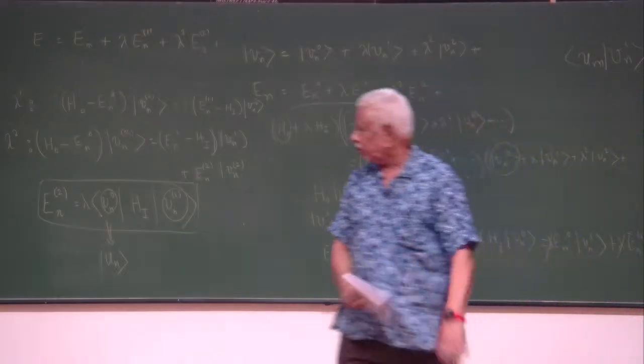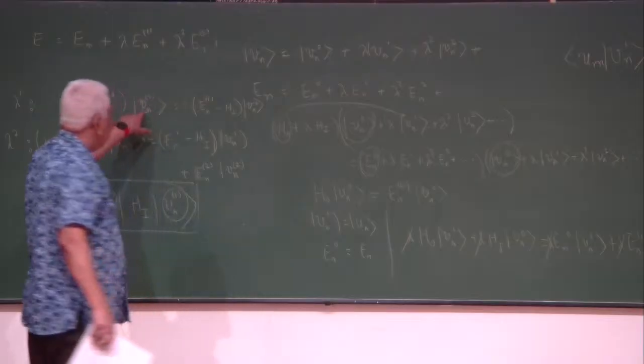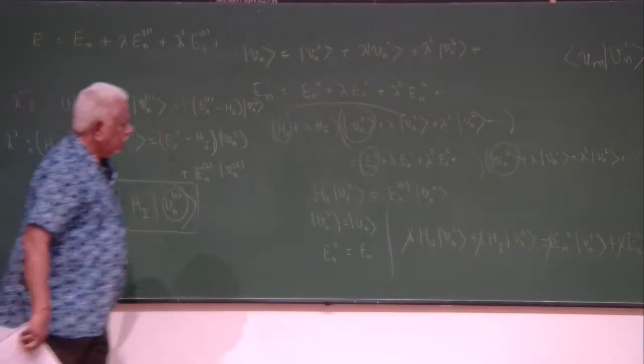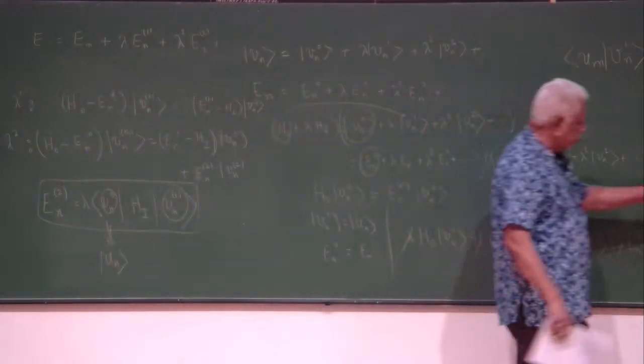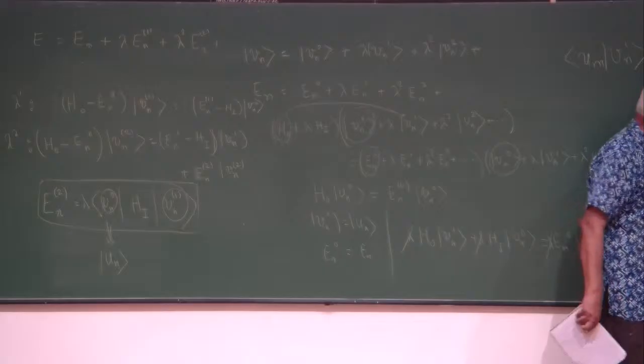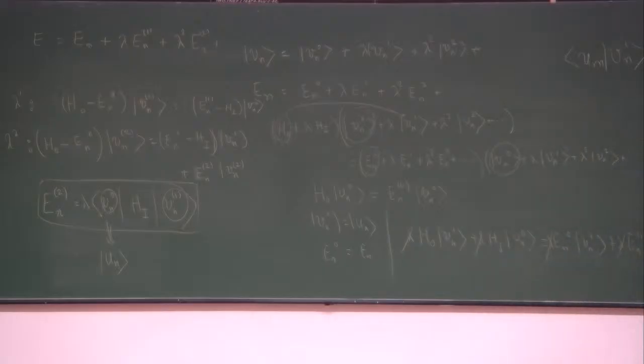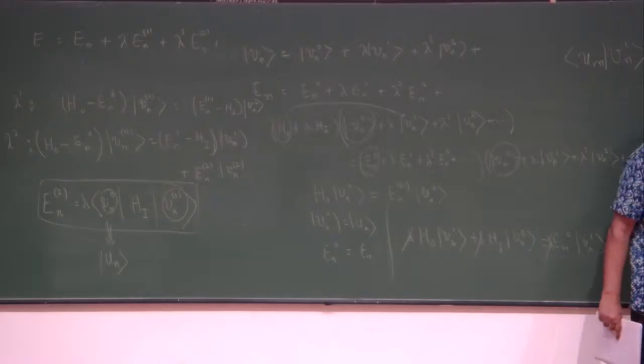So the first order correction Vn1 in the state, you can write down as some sum of Cm Um, where the Ums are the H0 eigenstates, and you want to find this coefficient Cm, and that coefficient Cm is given here.